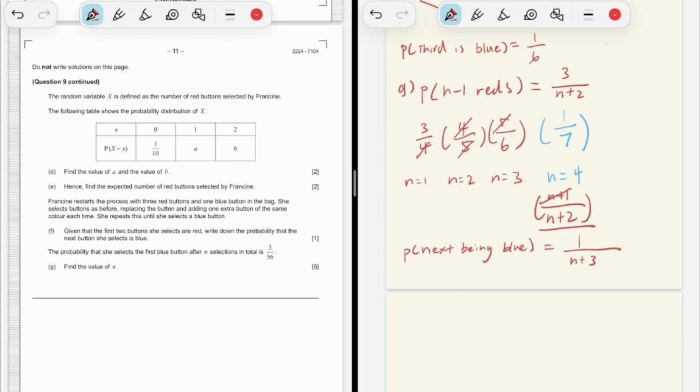And then we would multiply these two probabilities of n minus 1 reds, then a blue, which equals 3 over n plus 2 times 1 over n plus 3. And so that would be equal to 3 over 56.